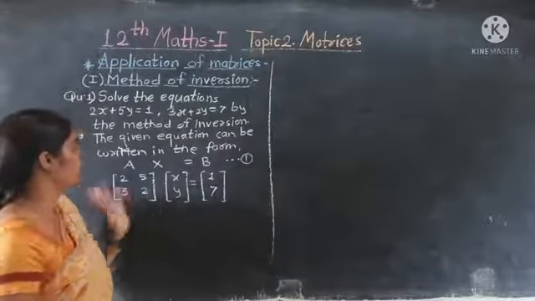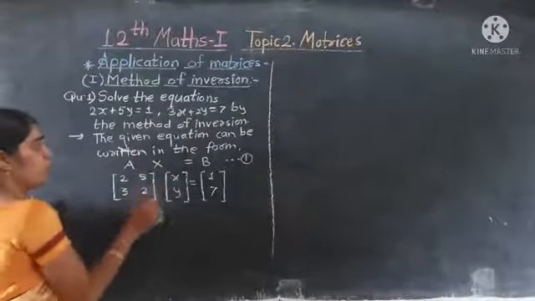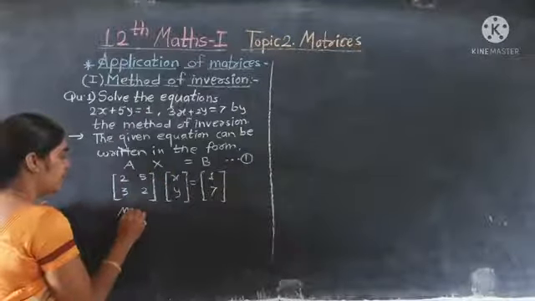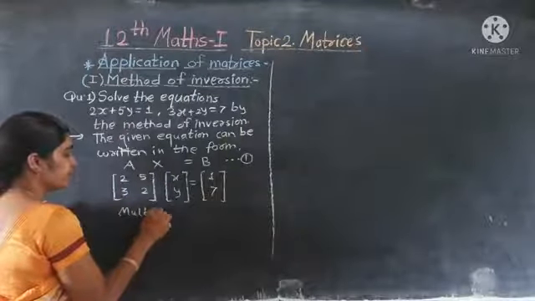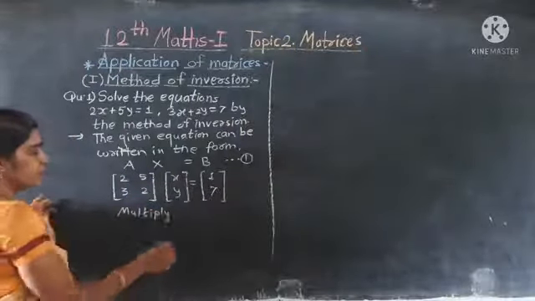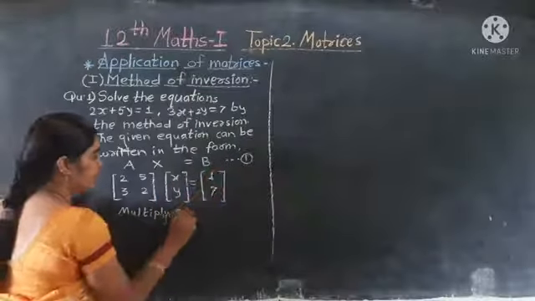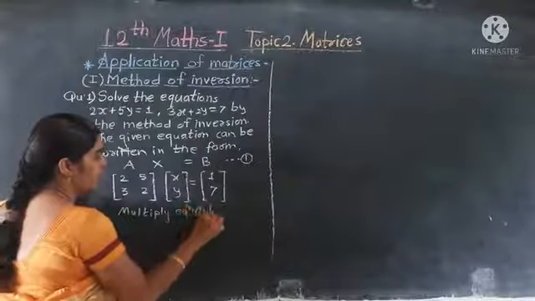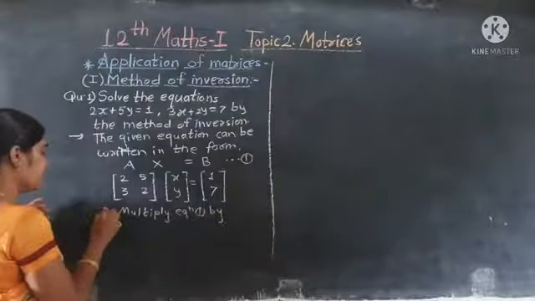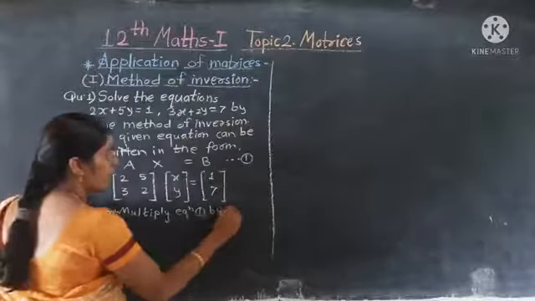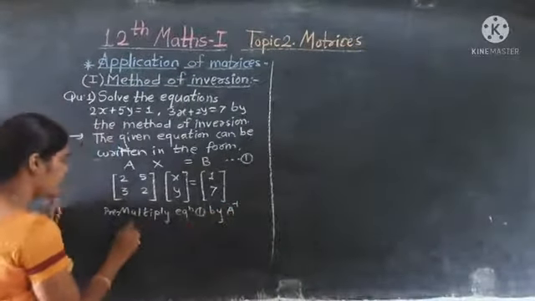Now here you pre-multiply equation 1 by A inverse. What do we get?